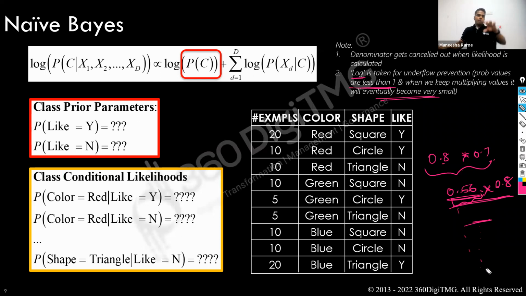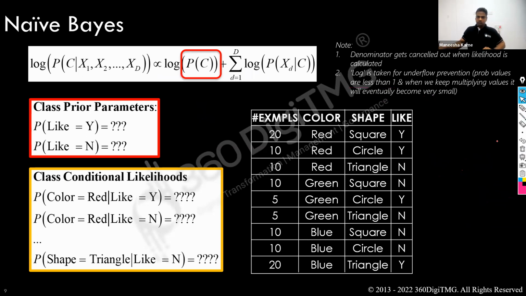And eventually the probability will be close to 0 if you have many words. To avoid that, we take log. The moment you take log, multiplication becomes addition. In the formula, we have written multiplication, but the moment you take log, this multiplication will become addition.